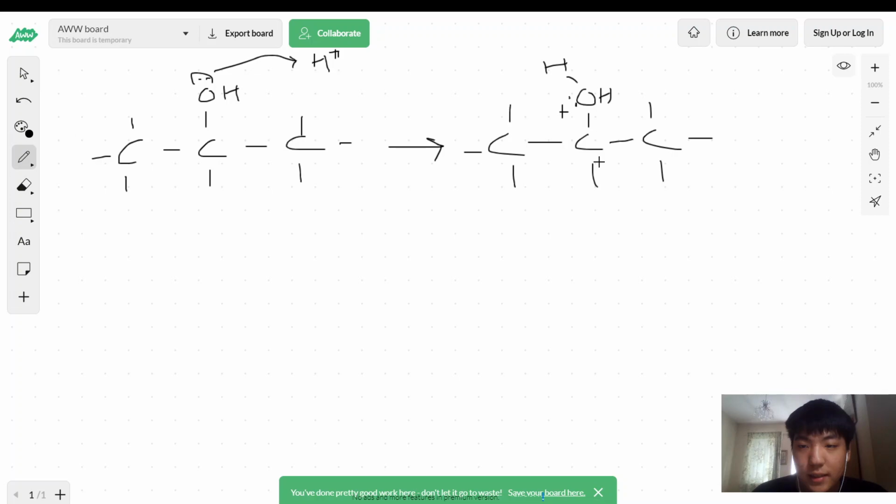So, for example, if this was an unsymmetrical alcohol, where one half is different to the other half, that would create a different product to the other one. So if we do it from this side, this goes to that bond, that would create this alkene.